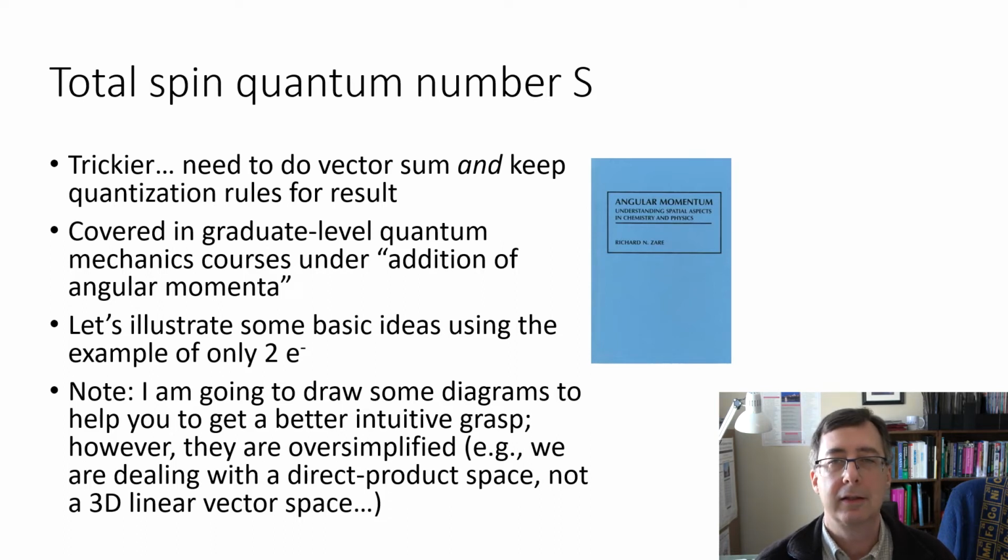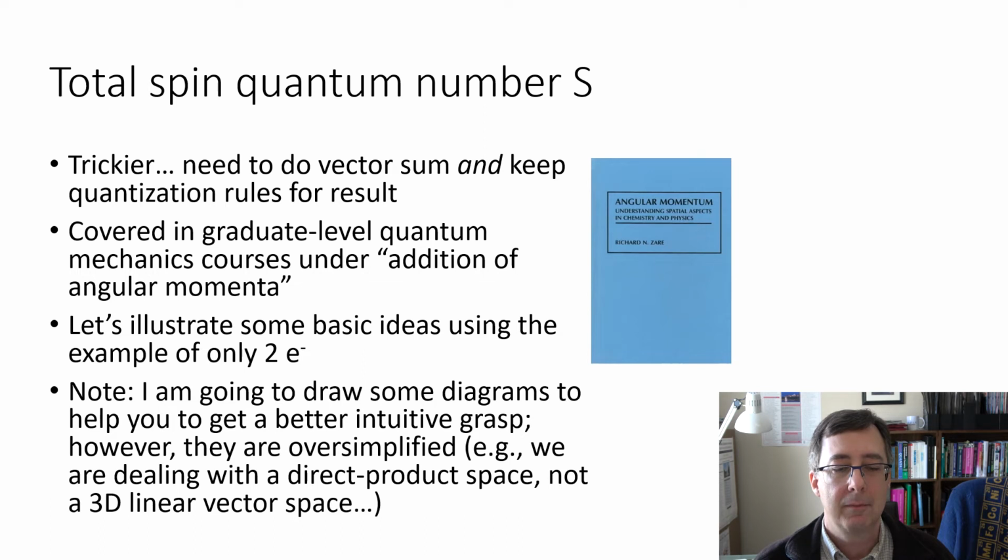So they're not literally vectors in 3-dimensional Cartesian space. And so I am going to draw some 3D vectors adding to be able to try to illustrate something and convey some of what's going on. But the spin vectors are not actually 3D vectors.